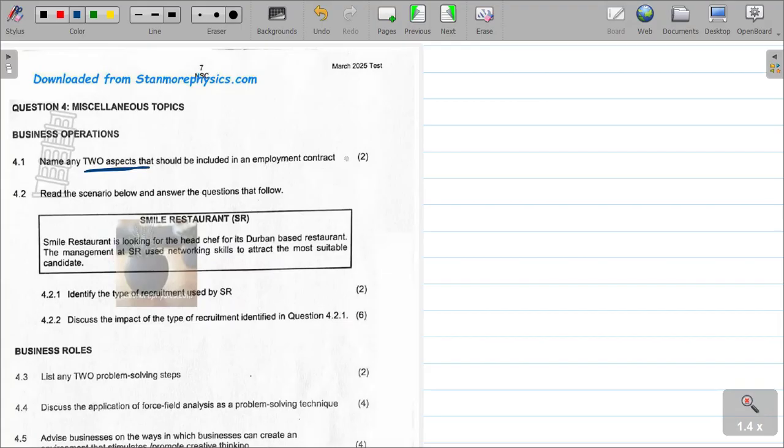An employment contract is an agreement between the employee and the employer, right? That the employee will offer his services under supervision and guidance by the employer, and you receive compensation, right?